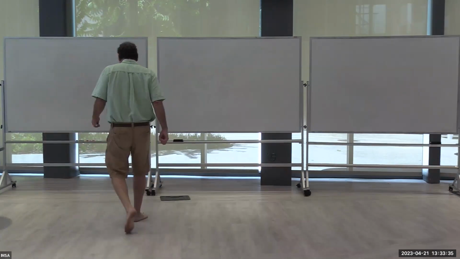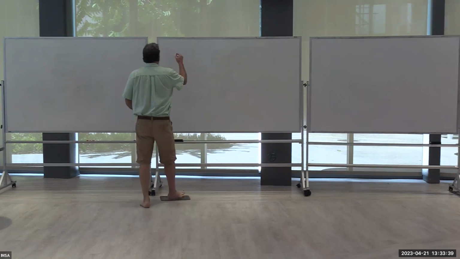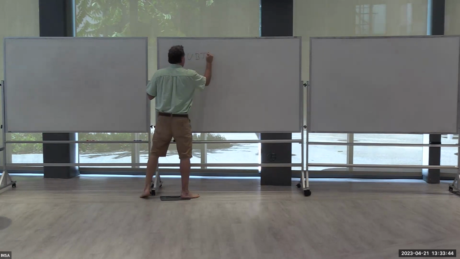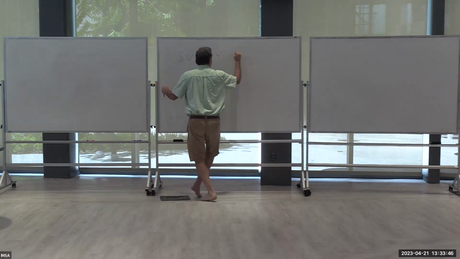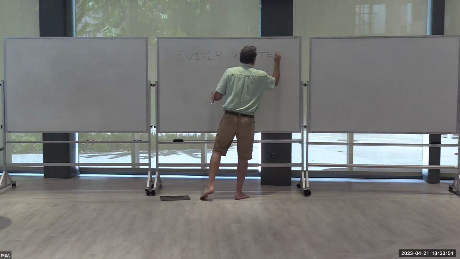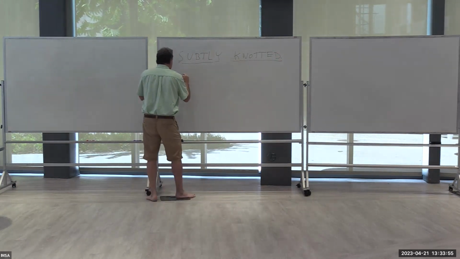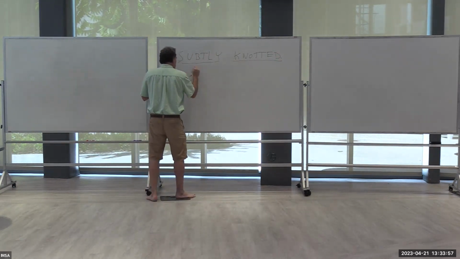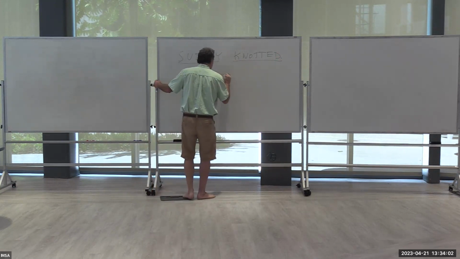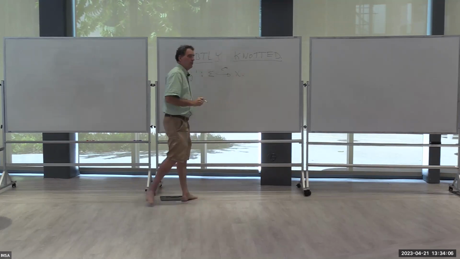So let me start out with a definition. This will be subtly knotted. We'll take two smooth embeddings, J and J prime, from a surface into the four-manifold.